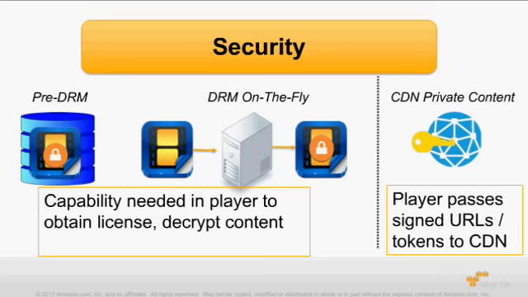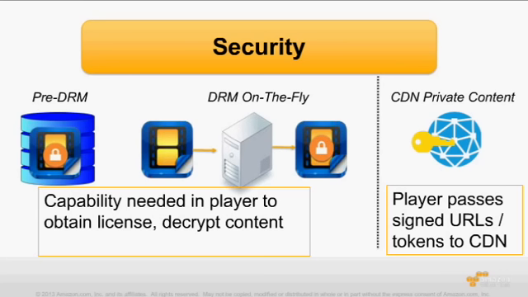Also, in addition to transcoding and packaging for delivery, you also need to encrypt the chunks before storing the encoded files back into the storage location. And finally, and important to our context today, your player needs to know how to get a decryption key from the license server and be able to decrypt those chunks. So that's an important consideration when you're thinking about pre-DRMing your content.